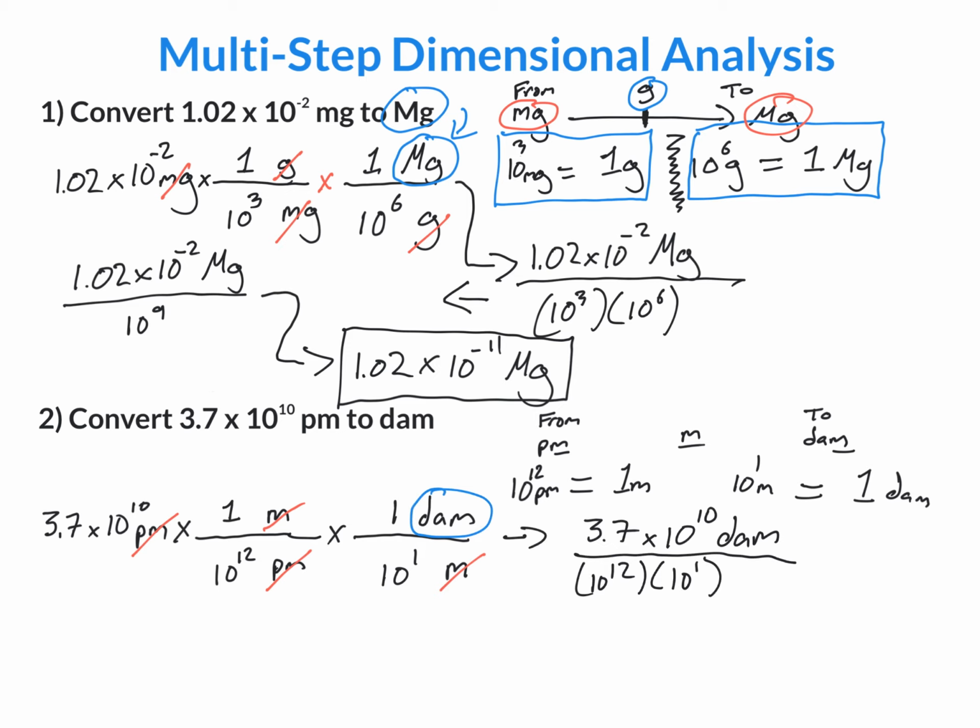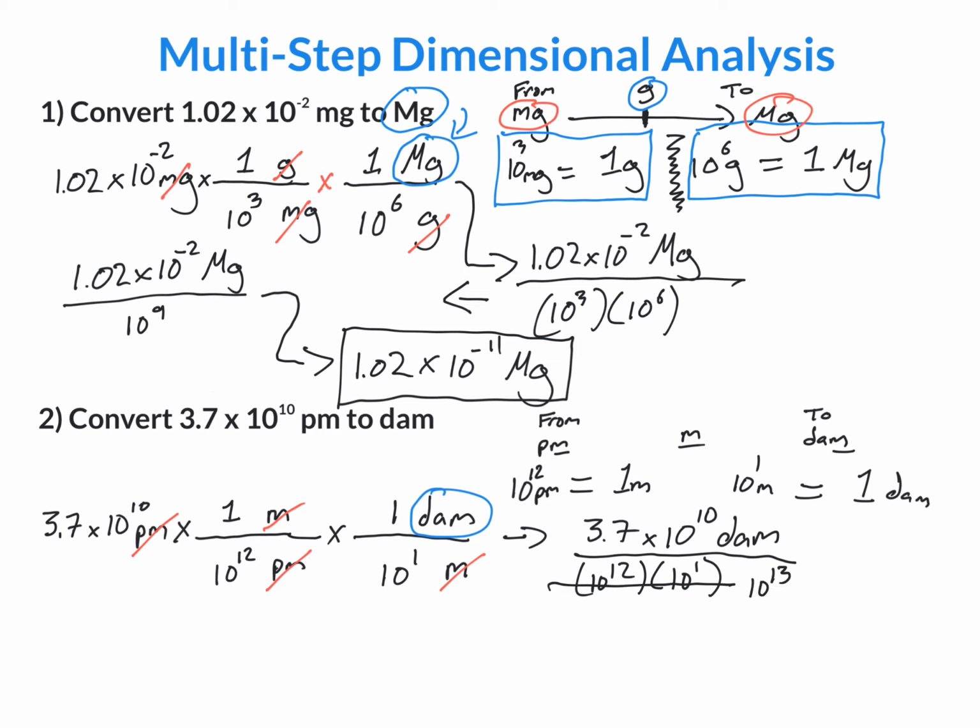Order of operations, let's get our denominator simplified first. 10 to the 12 and 10 to the 1 multiplied by each other. Remember, we can add the exponents to simplify. 12 plus 1 is 10 to the 13. So I'm just going to cross this out and say 10 to the 13.